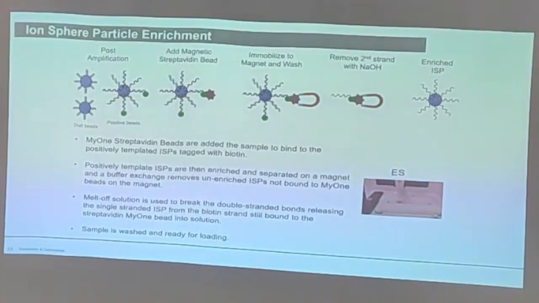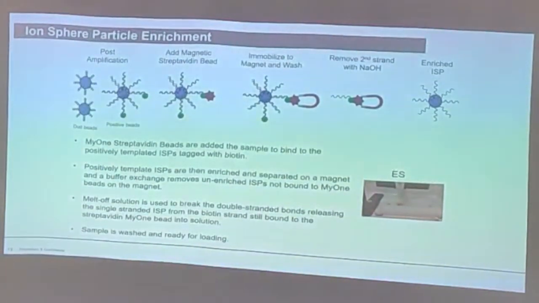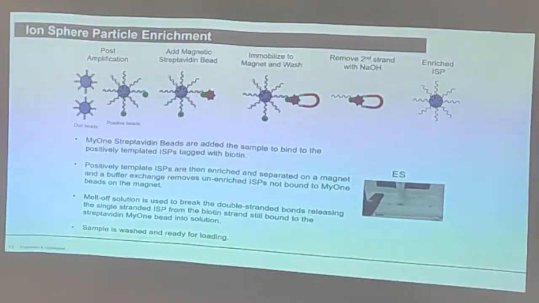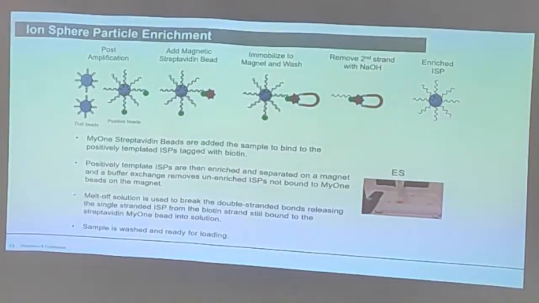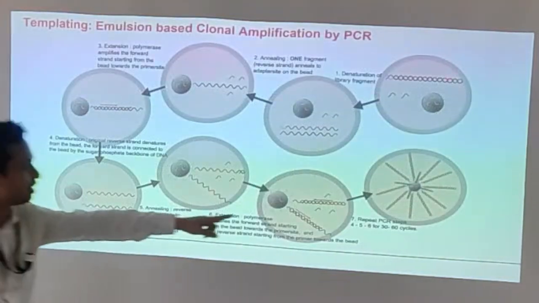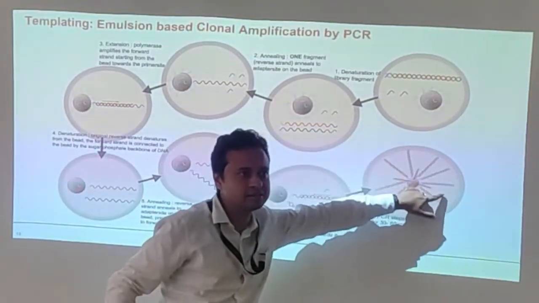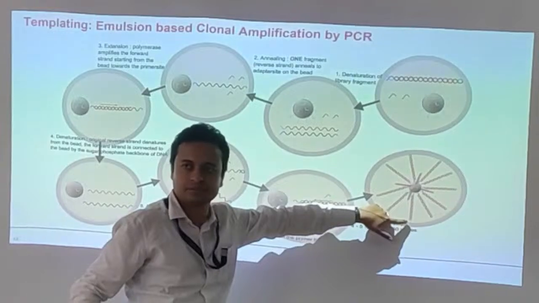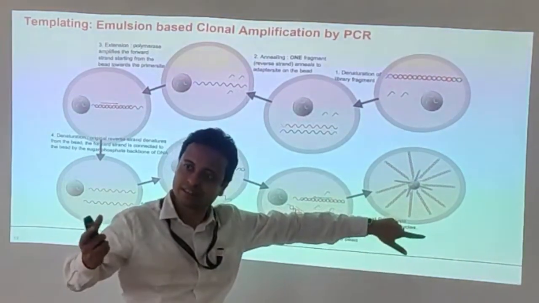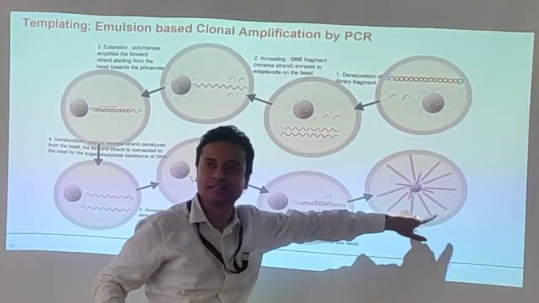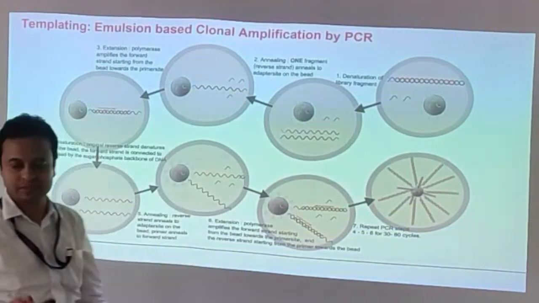So these beads are treated with streptavidin beads. This end is having biotin. Those primers are designed in such a way that the end part is having a biotin label.